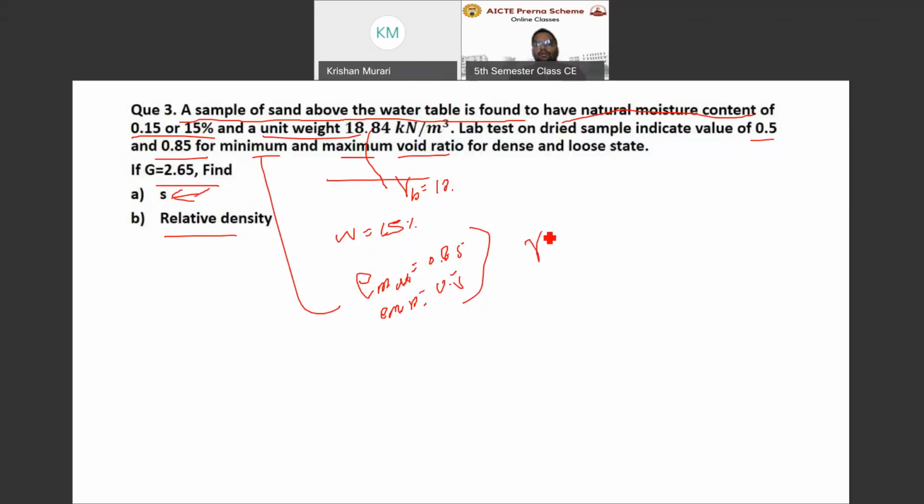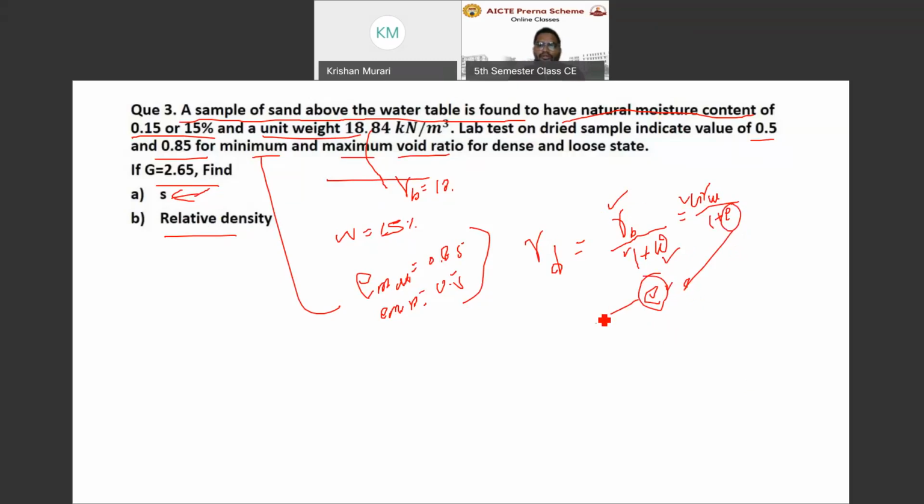Like that, I know that the dry unit weight of any soil is bulk unit weight upon 1 plus W. You know that formula, and you also know that the dry unit weight is G gamma W upon 1 plus e. Here the unit weight is given and the water content is also given, 15%, G is also given. So here you can find the value of e.